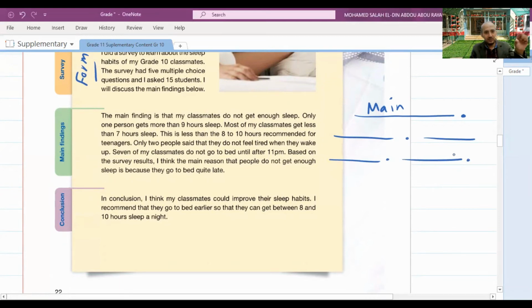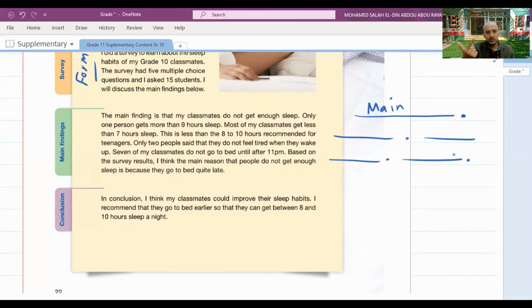The first sentence, you talk about the main finding. The main finding is that my classmates don't get enough sleep. This is the main finding. Then he goes to details.